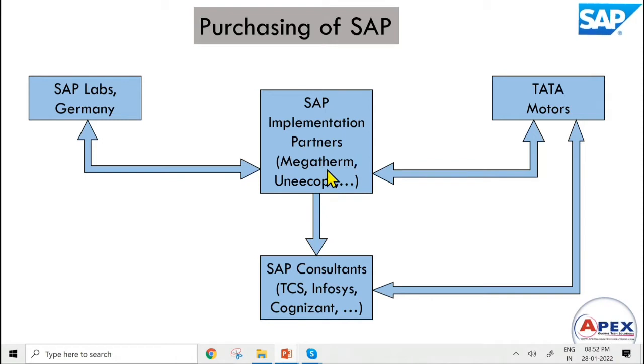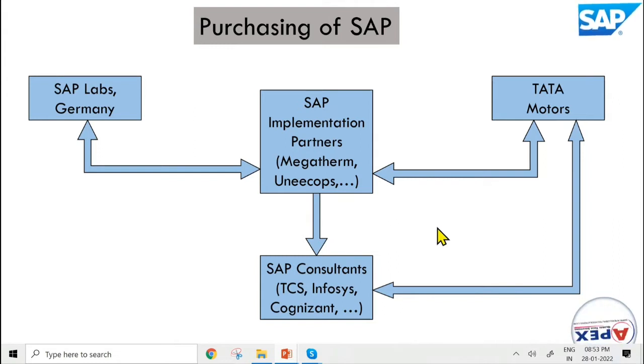They also can, but in most cases these implementation partners will outsource the implementation part to these SAP consultants. So whatever coordination there is, and whatever data the SAP consultant requires from Tata Motors, they will communicate and implement it. Got it?